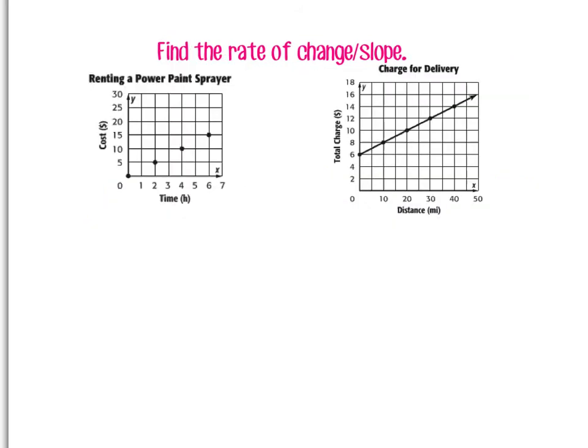Here's another example of slope or rate of change, but this time I'm using a graph. Remember, whenever you're looking at a graph, you need to think of rise over run. So we're going to write this as a fraction and simplify it when we're done. I'm looking at how much I go up by how much I go over. My rise is the amount I went up. I went up 5. It's 1 box, but if you notice, it's counting by 5. $5.